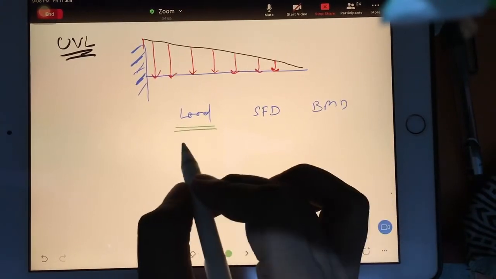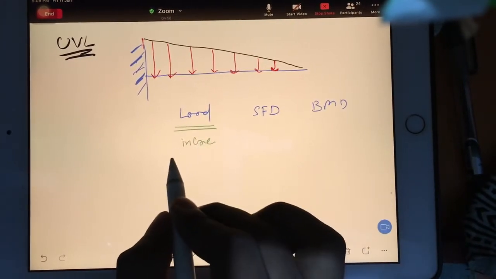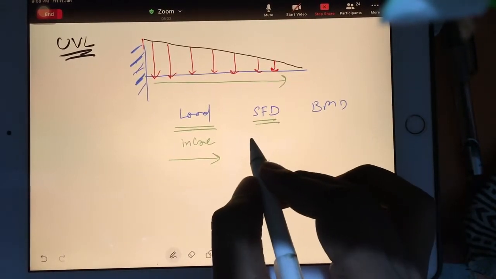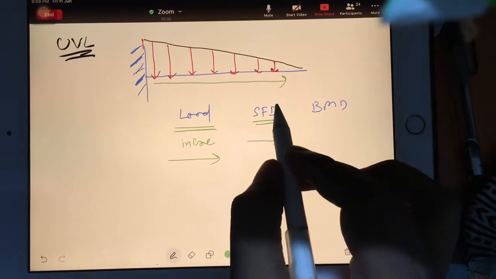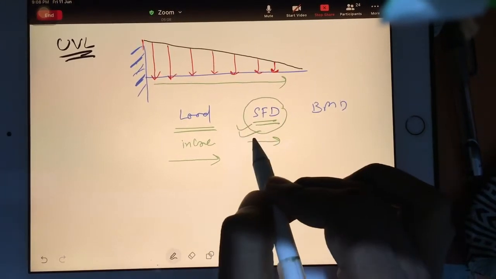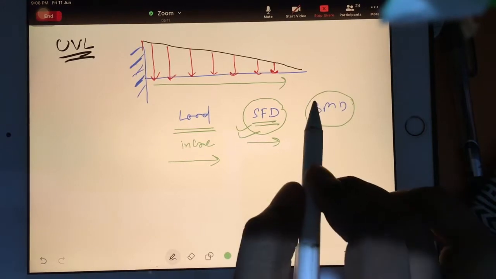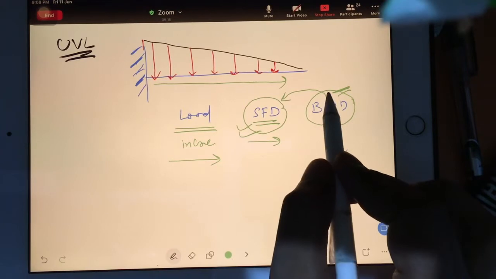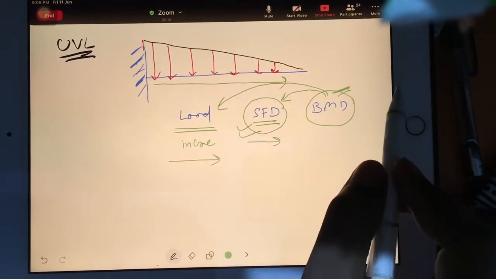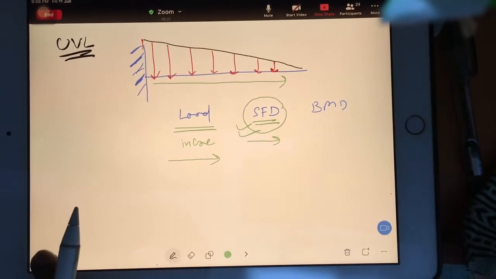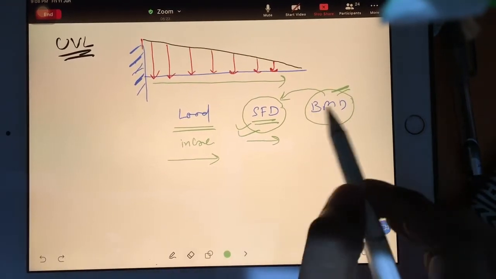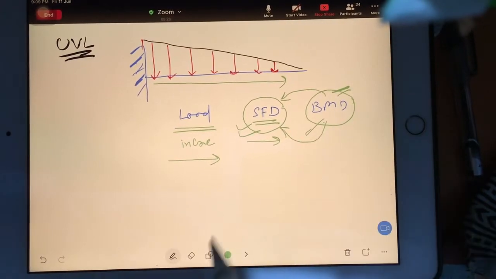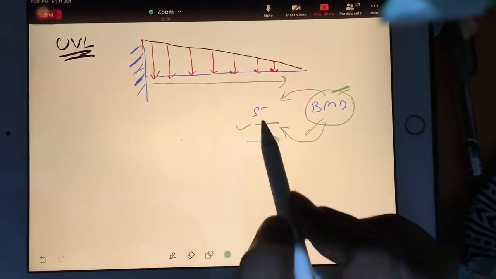If the load is increasing from left to right like this, then your SFD also should increase. According to the behavior of SFD, you have to draw BMD. To draw BMD, you should check SFD, not the load. I am talking about the shape, not the magnitude, because to draw the shape of BMD, you should check SFD behavior.